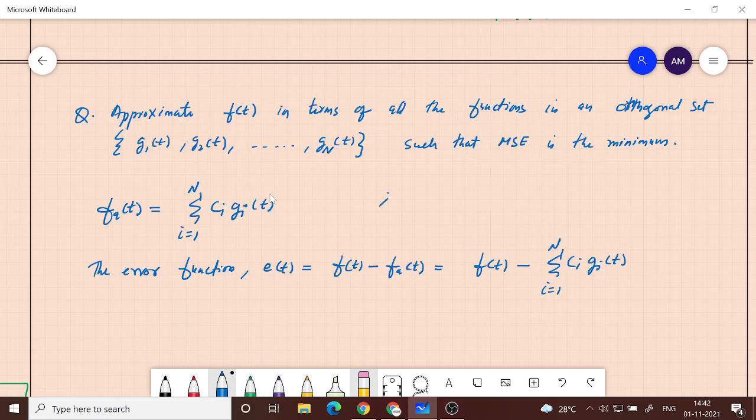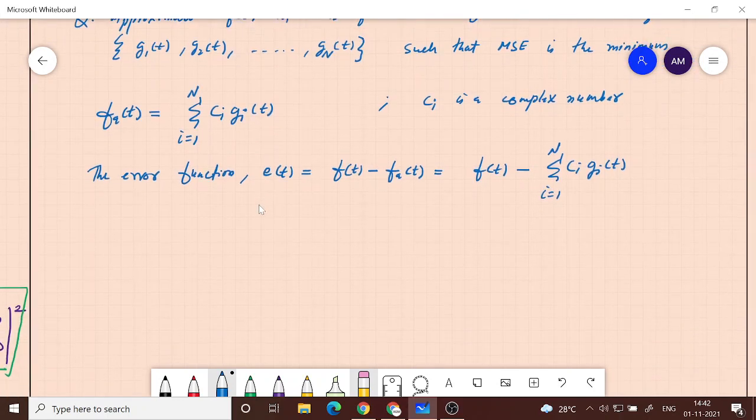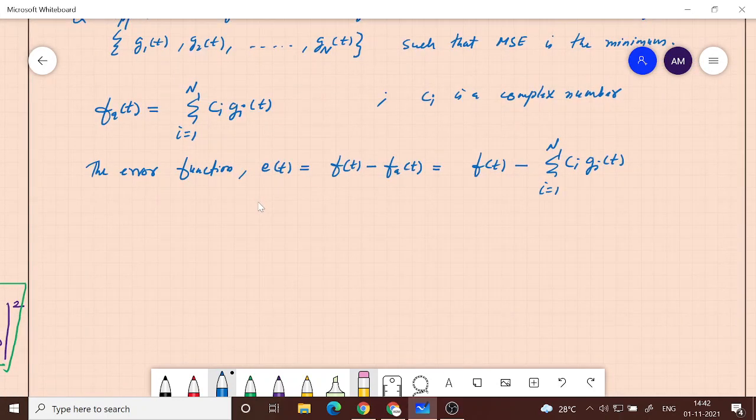So again, note that ci is a complex number, and this orthogonal set is also complex valued functions. f of t is also a complex valued function. All are complex valued. So this is just an extension of the previous result. The derivation is exactly the same, but it is good to repeat so that you will get used to it.